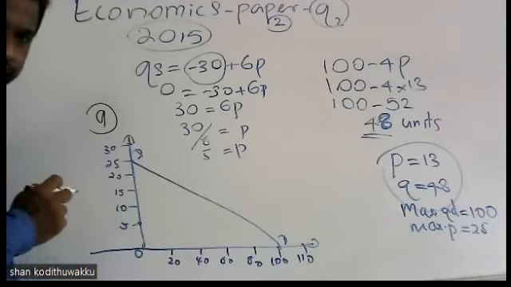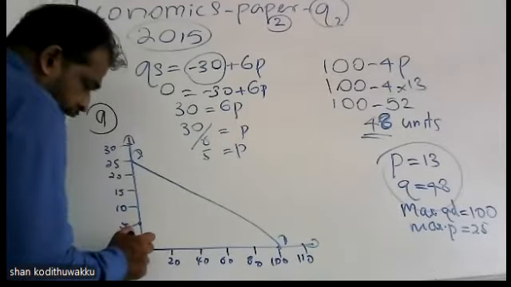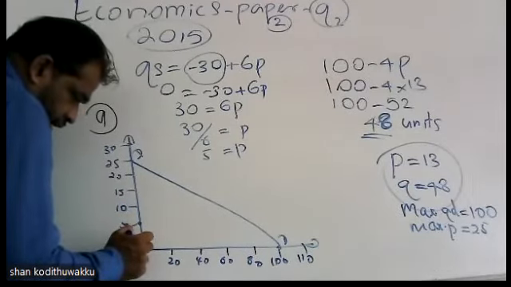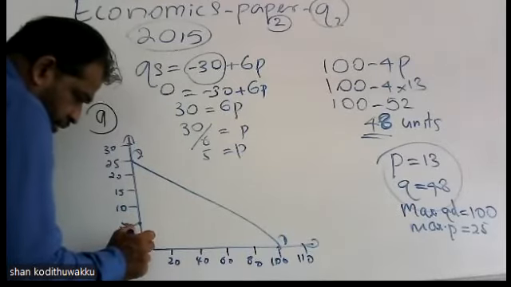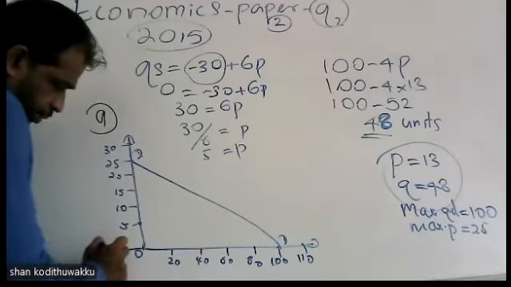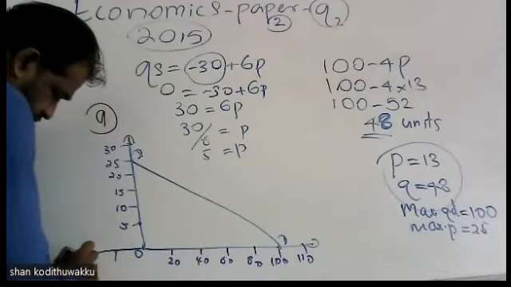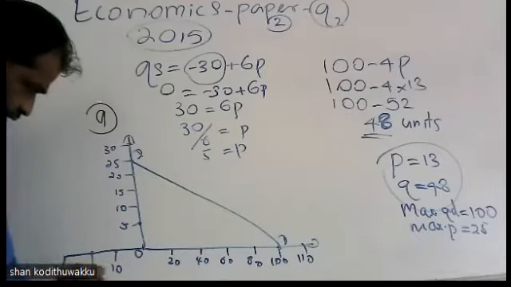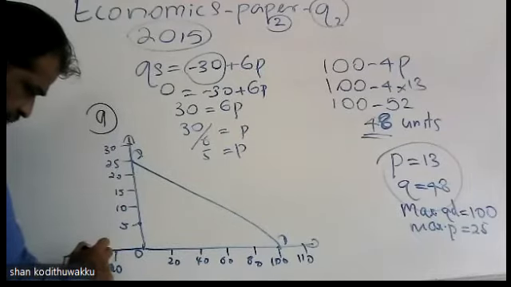But you should know, when the price is 0, supply will be minus 30. Mark 10, 20 and then somewhere here 30.